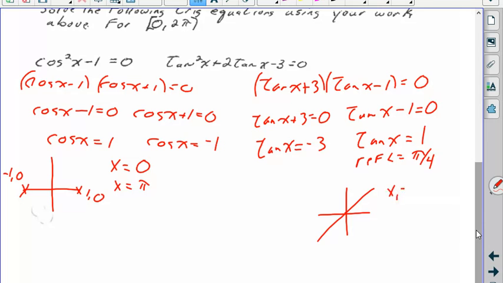So quadrant 1 is pi over 4. Quadrant 3 is 5 pi over 4. Again, once we're at this point, this is what we talked about the last couple of days, last week.